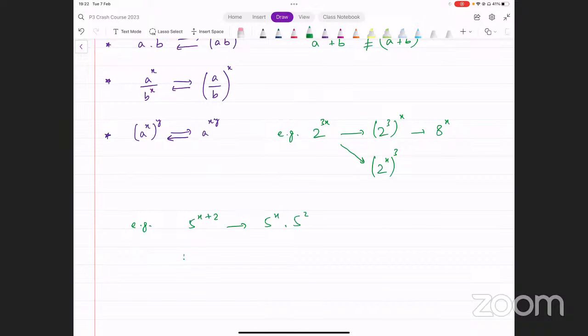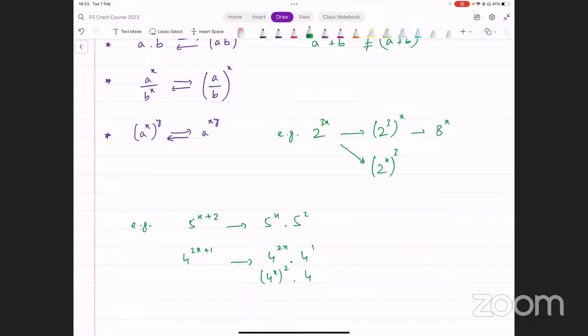If you have 4 raised to power 2x plus 1, you could split it as 4 raised to power 2x into 4 raised to power 1. And then if needed, you could also write it like this, 4 raised to power x whole squared into 4. So depending on what the context requires, you can do all of this manipulation with indices. So this is something that you need to be familiar with. Okay, so all of these indices rules are going to be important.